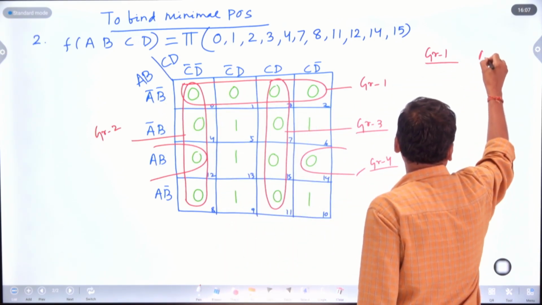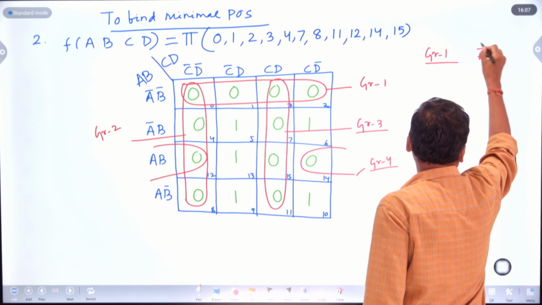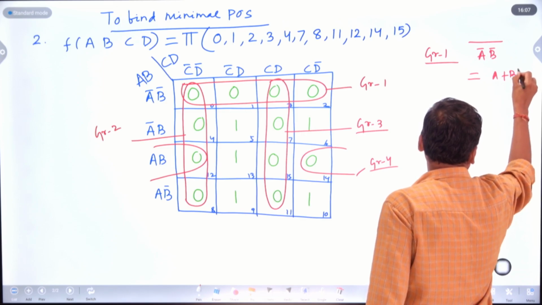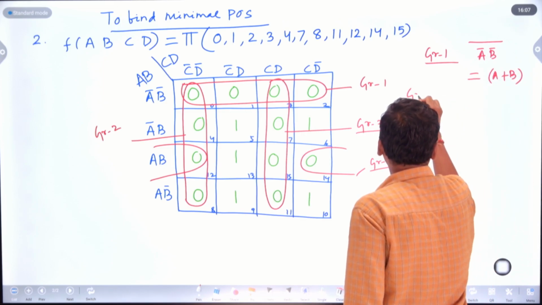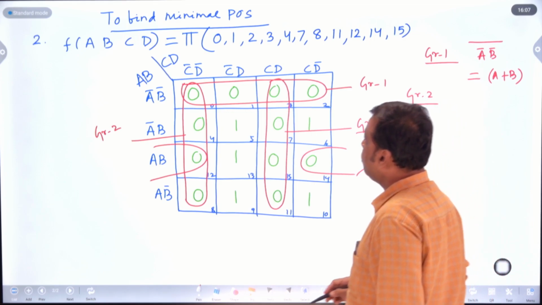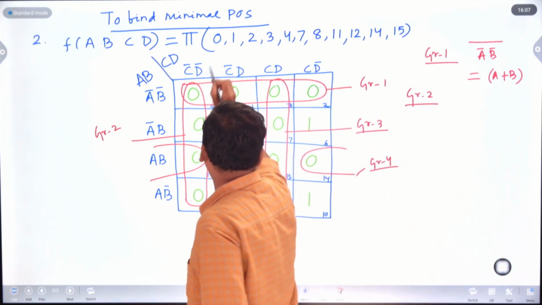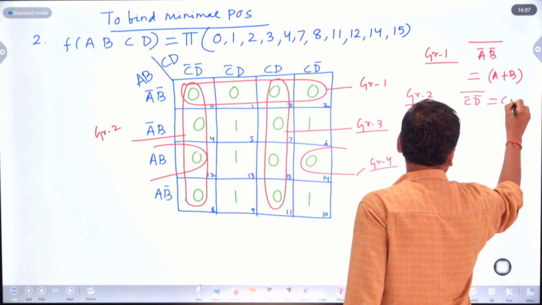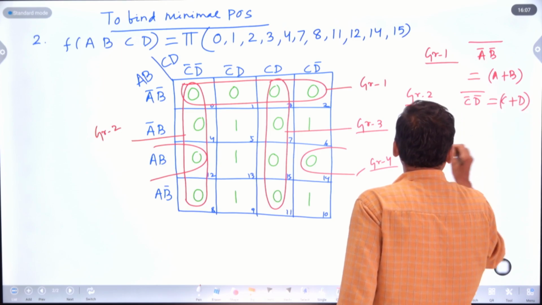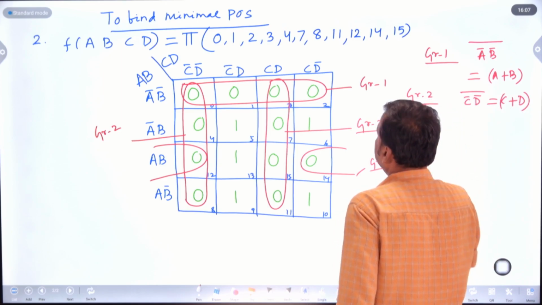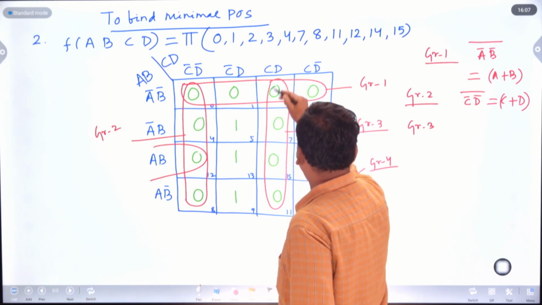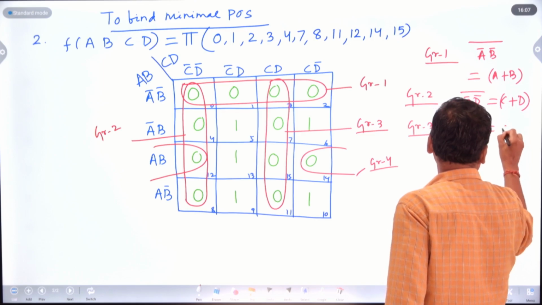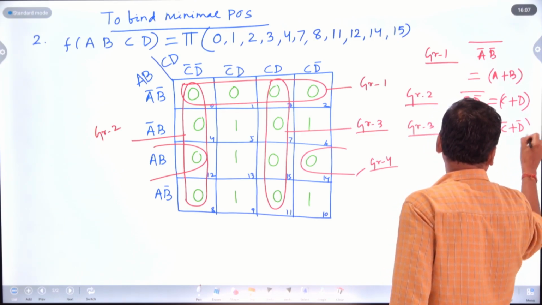Whatever you got, simply complement it: A bar bar, B bar bar, that is A plus B. Similarly, group 2: that is C bar, D bar, and the complement gives C plus D. Then group 3: that is CD, and its complement is C bar plus D bar.